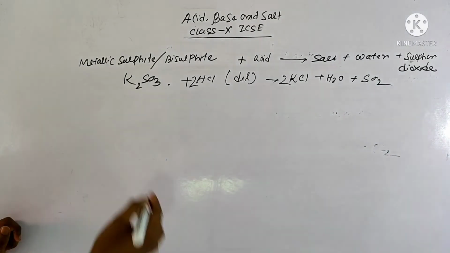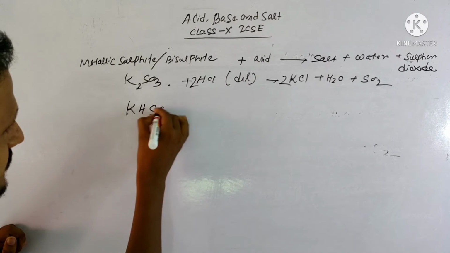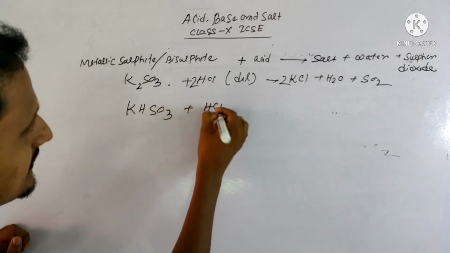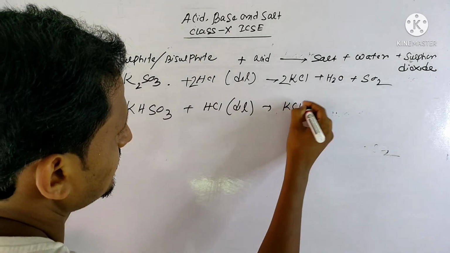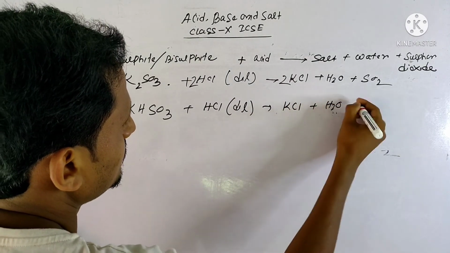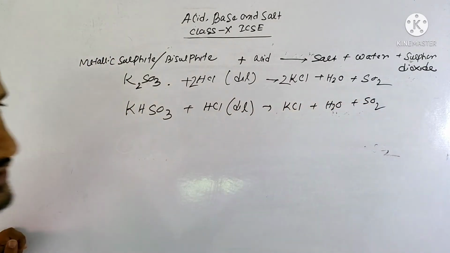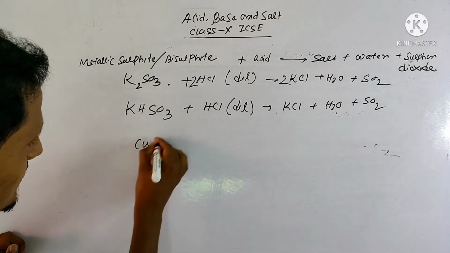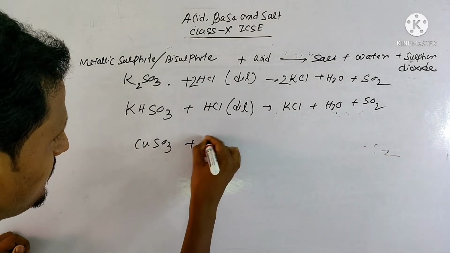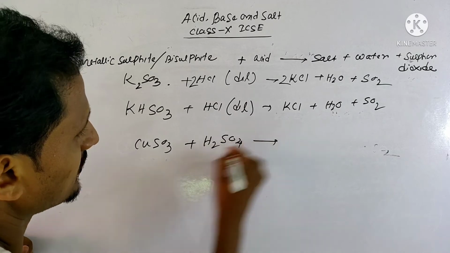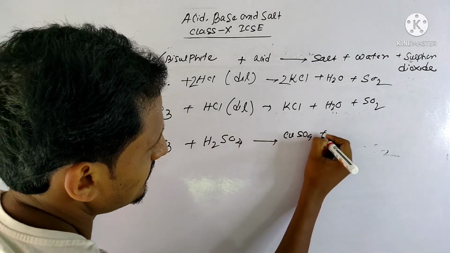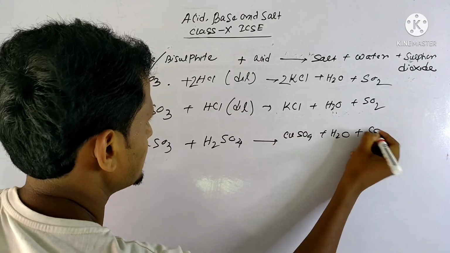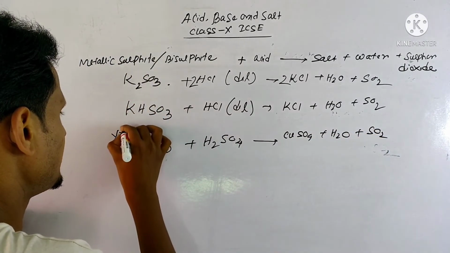Now bisulfite, KHSO3 plus dilute HCl gives KCl plus H2O plus SO2. Same reaction there. Copper sulfite plus sulfuric acid: what will form? We will get copper sulfate plus H2O plus SO2. This is also a very good reaction.